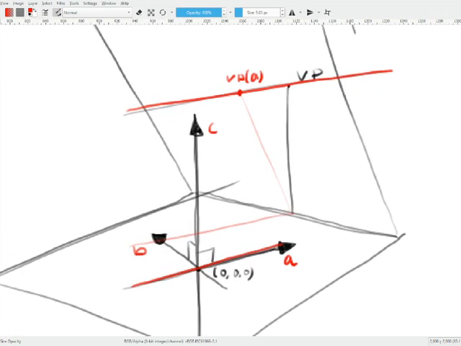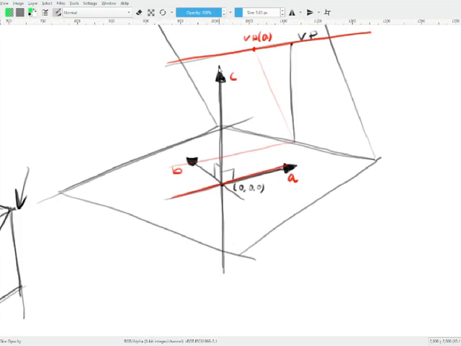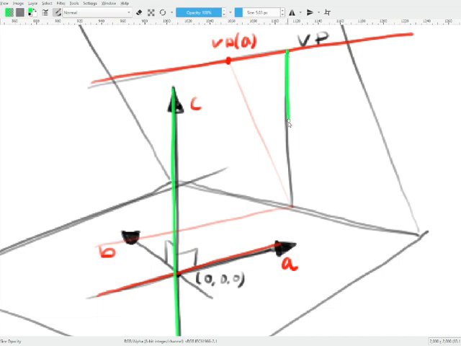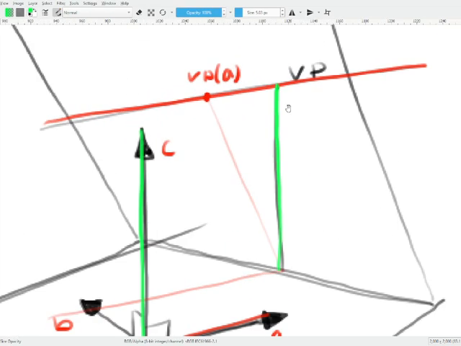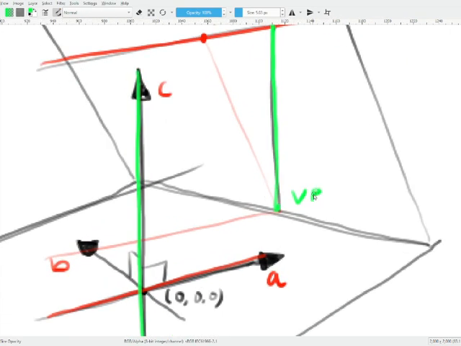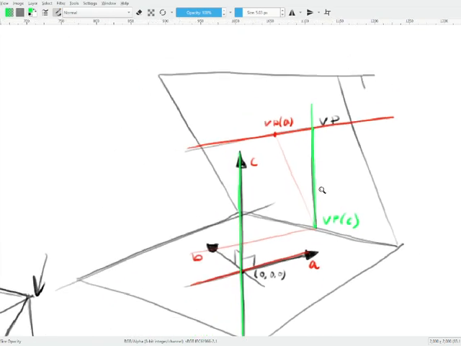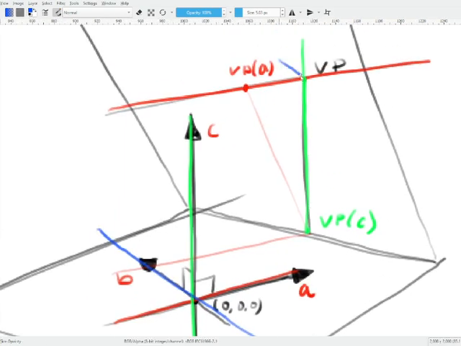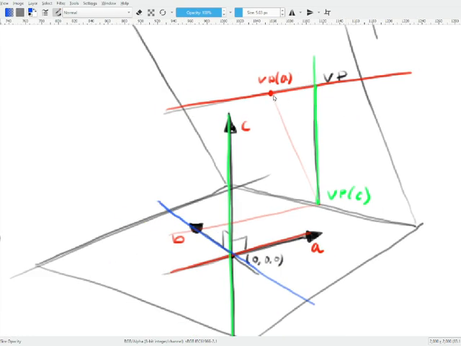Then we have the bottom direction, the vertical direction, the green line, parallel shifted to the viewer position, which gives vanishing point C. And finally we could use this line to obtain the third vanishing point, like this.